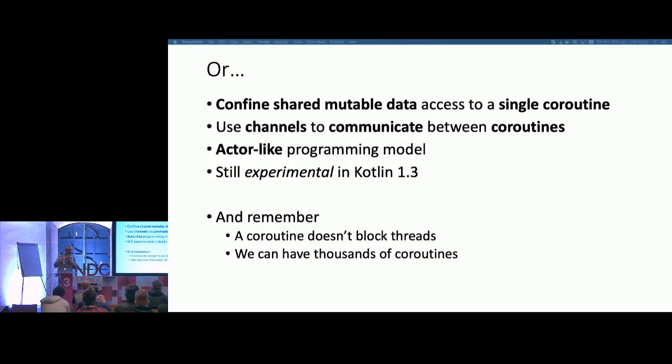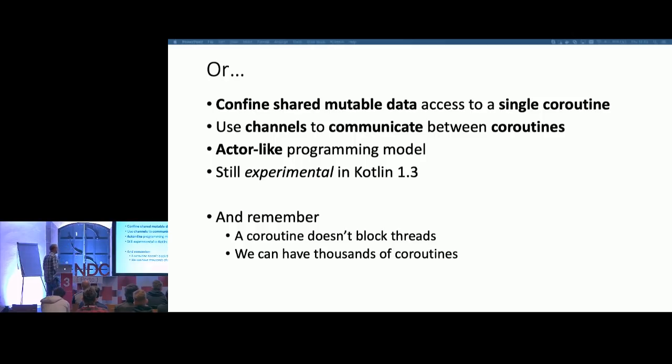If I have a cache, I don't have multiple coroutines trying to put things inside the cache and grab things from the cache. I have a single coroutine that owns the cache. The cache is private to that coroutine. And I have other coroutines communicating with that coroutine to grab things off the cache and put things there.